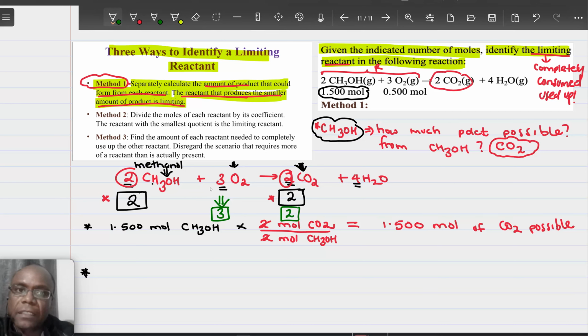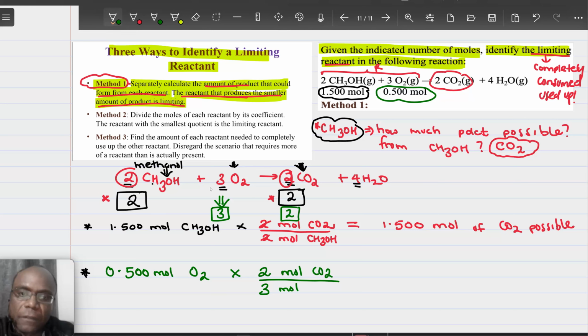So I'll take my given moles in the reaction, 0.500 moles of oxygen, but I want to see how much CO2 will be formed. For every 2 moles of CO2 in the balanced equation, I must have reacted 3 moles of oxygen.